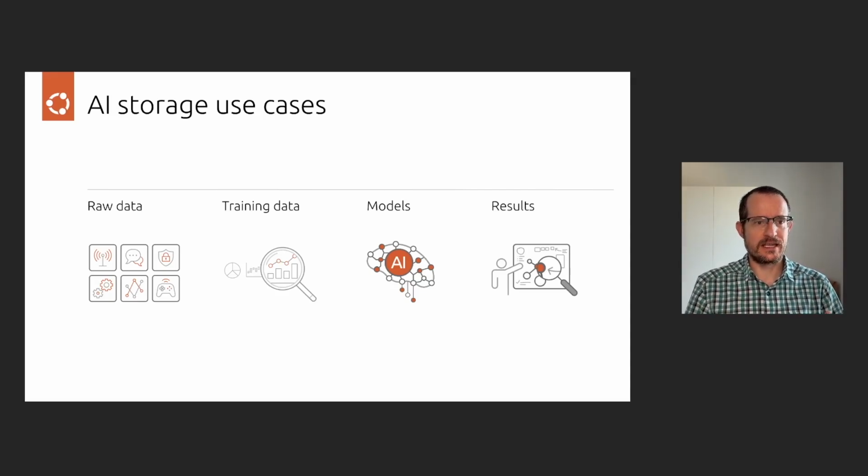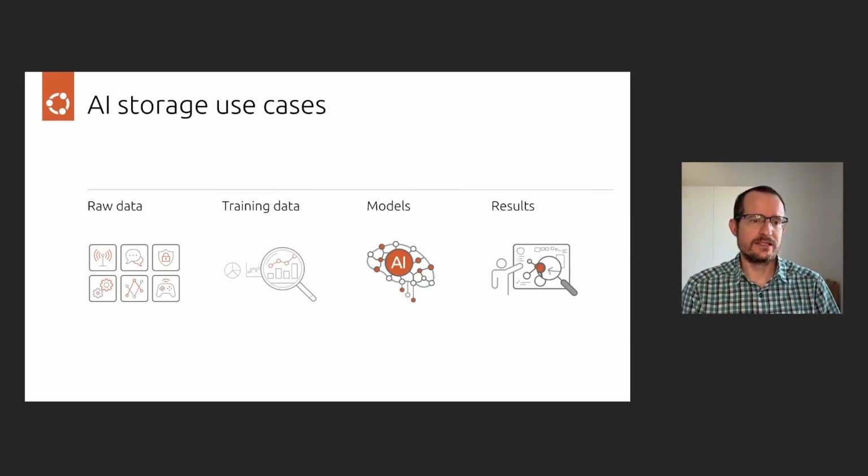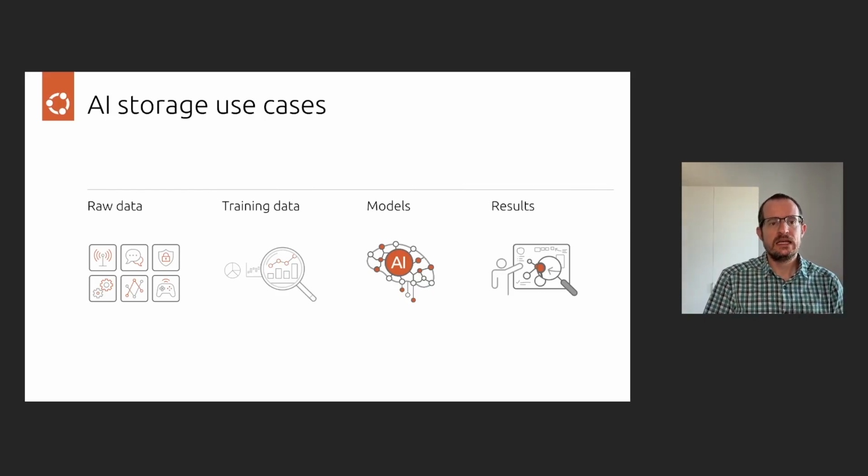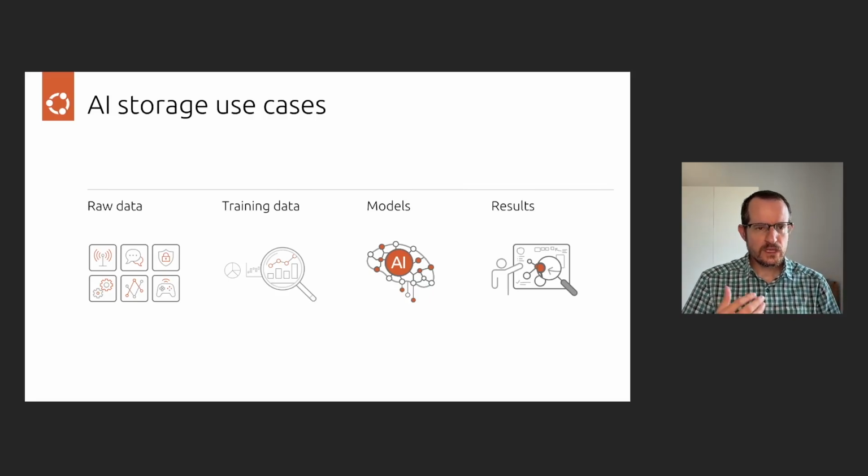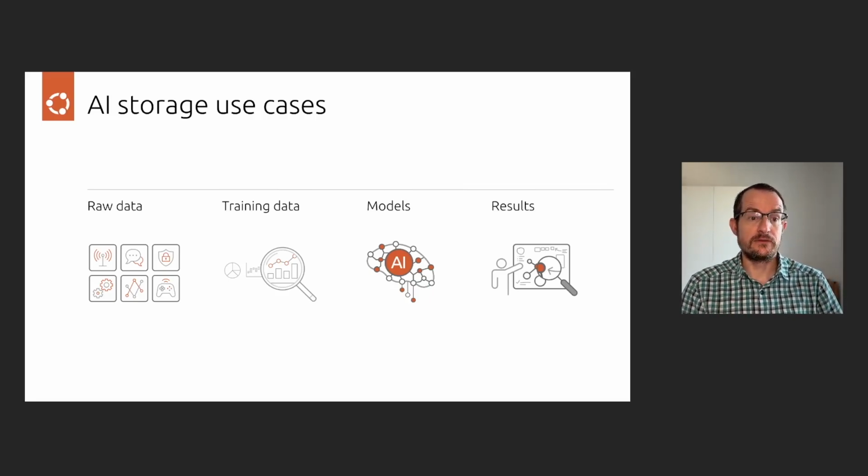Training data. So this is a more organized, structured data set, which can be used for things like pattern matching. So imagine you're training a model to recognize number plates, license plates from cars. It's essentially examples of that to give the training system an idea of what to look for in a future model.